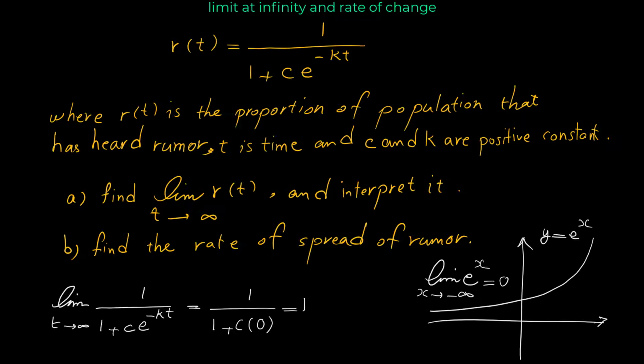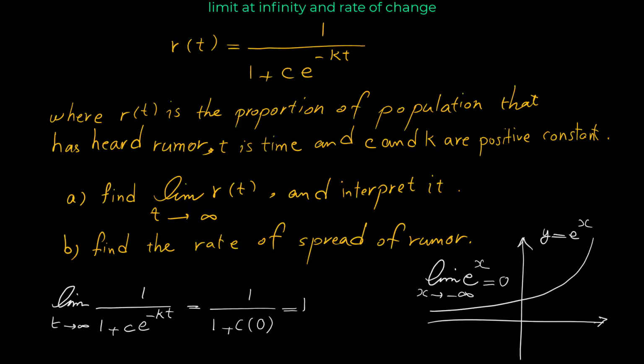In the second part of the question, we want to find the rate of spread of the rumor. Whenever we want to find the rate of change of any function, we have to take the derivative. Here we want to find the rate of spread of the rumor with respect to time.